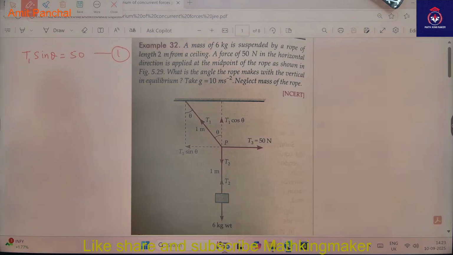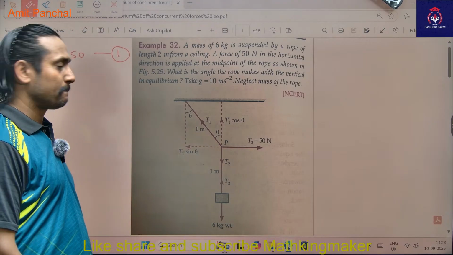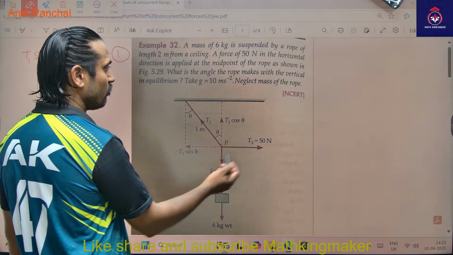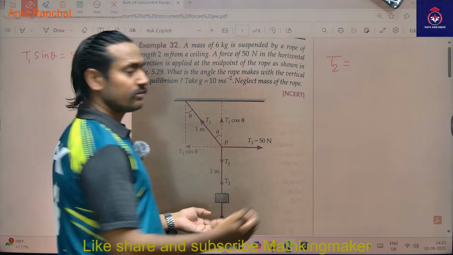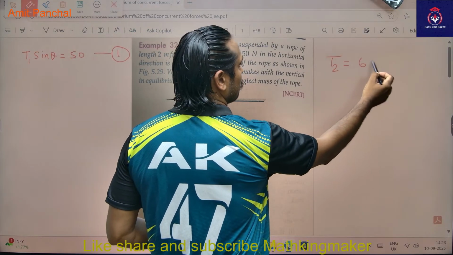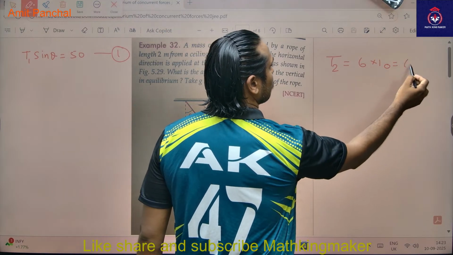Now T1 cos theta is balancing what? It is balancing T2, isn't it? And T2 is balancing what? T2 is balancing the weight, 6 into 10, so that will be 60 Newton.